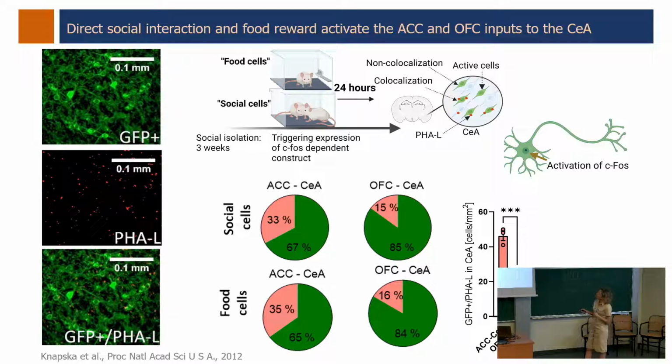So we saw that subpopulations of cells, the social cells and food cells, indeed receive the projections from the cortex, both from the anterior cingulate and orbitofrontal cortex, though we saw more projections from the anterior cingulate cortex.